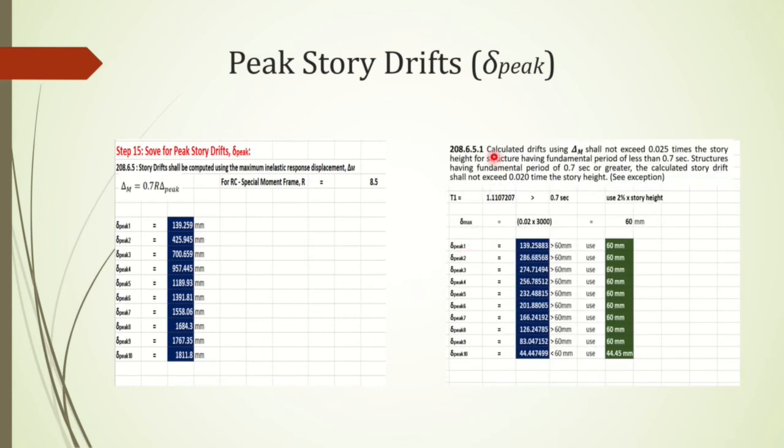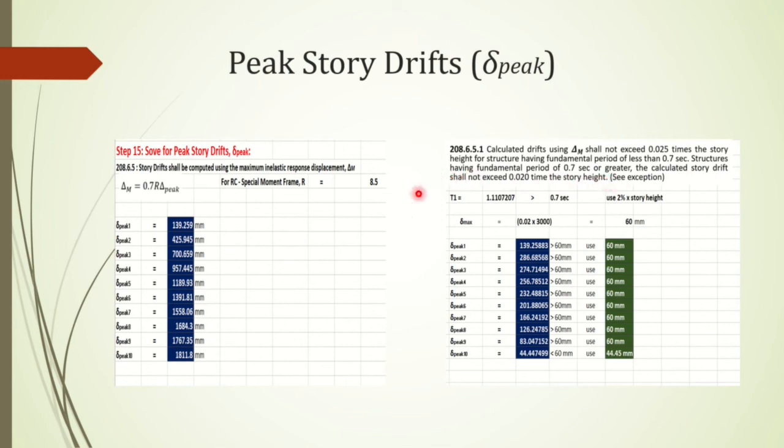Now, may sinabi sa code, 208.6.5.1: calculated drifts using delta M shall not exceed 0.025 times the story height for structure having fundamental period of less than 0.7 seconds. Structures having fundamental period of 0.7 seconds or greater, the calculated story drift shall not exceed 0.020 or 2% times the story height.